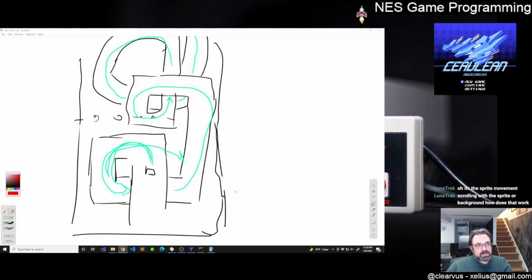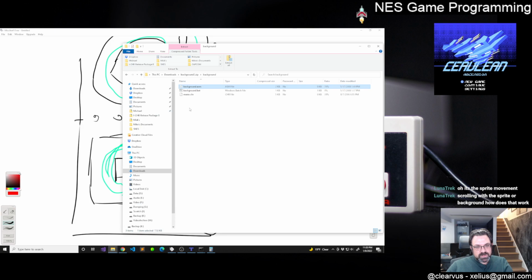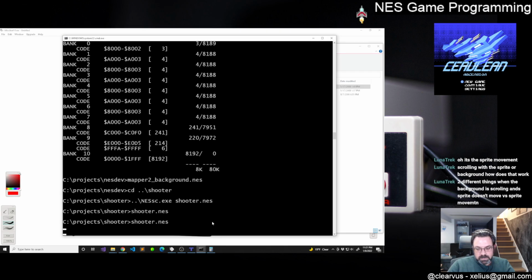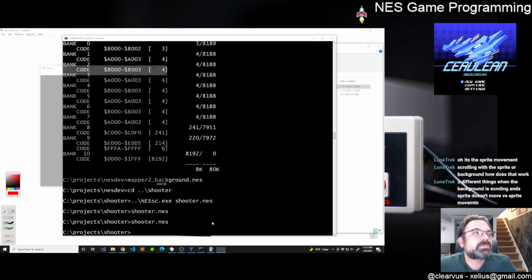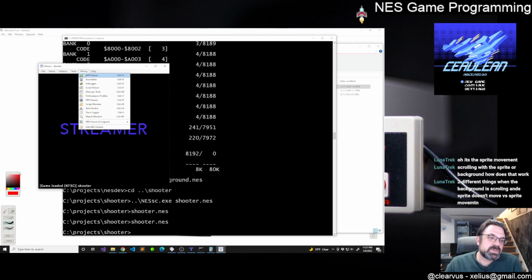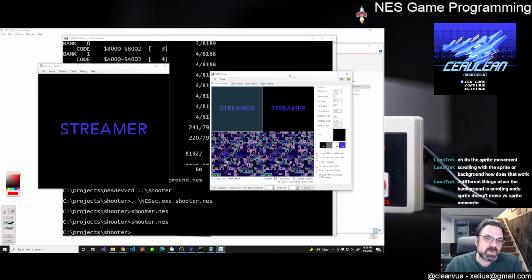Scrolling with the sprite or the background. How does that work? Well, scrolling with the background is the most straightforward way to look at this. If we look at the game, when the background is scrolling and the sprite doesn't move, it's because the sprite isn't actually moving, right?